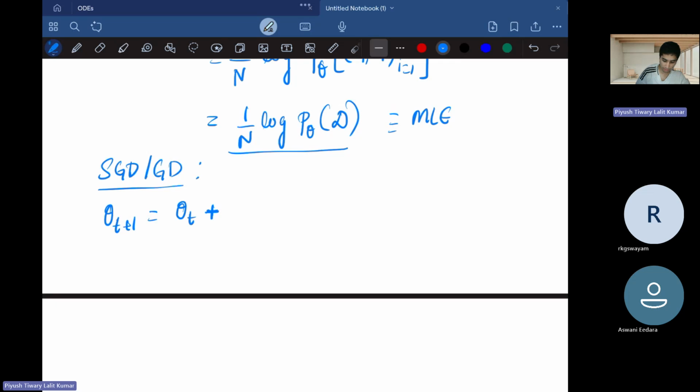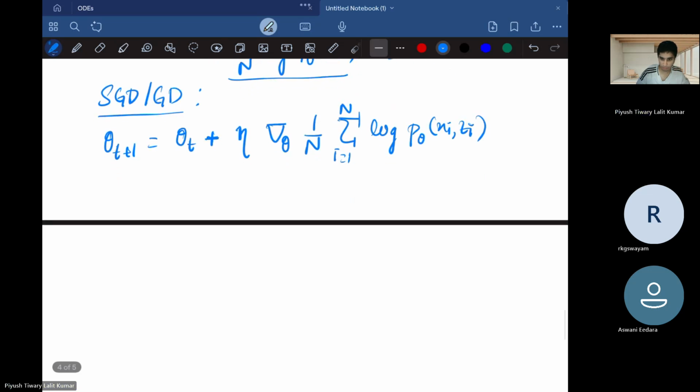If you take the negative of it, then you can use a minus sign. So theta t plus 1 is equal to theta t plus eta, which is the learning rate, times the gradient with respect to theta of 1 by n, summation i equal to 1 to n, log of p theta of xi comma zi. Okay, so this is the whole MLE procedure, the maximum likelihood procedure.